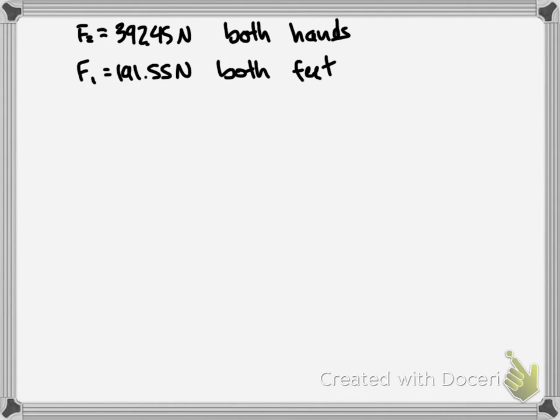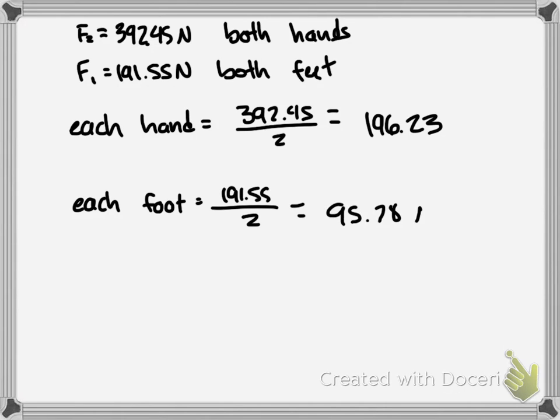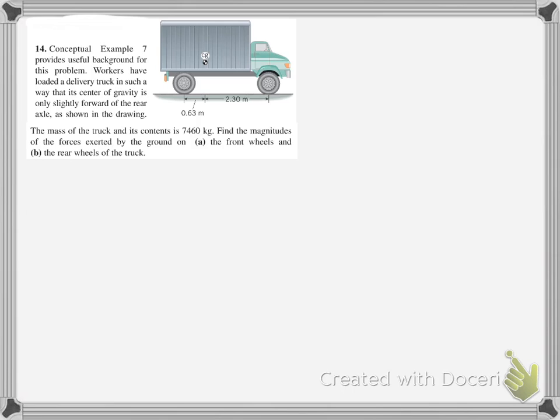So how do you get each hand and each foot? It's really simple. You just divide them by 2, and then your final answer should be this for each hand and each foot. So see, it's not that bad. Alright, let's do the next problem.